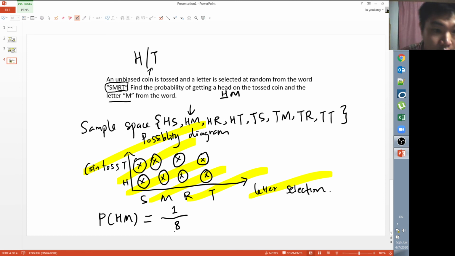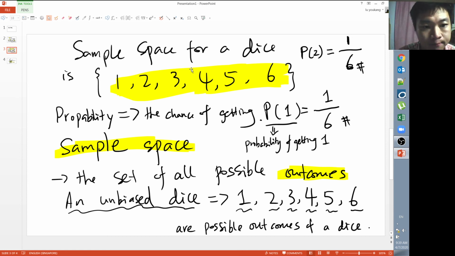I hope this example is good enough for you to figure out the probability of getting a head and a letter M from the word. With this example and the previous example on a dice, I have demonstrated that you can find the probability of one single event, just a roll of a dice.